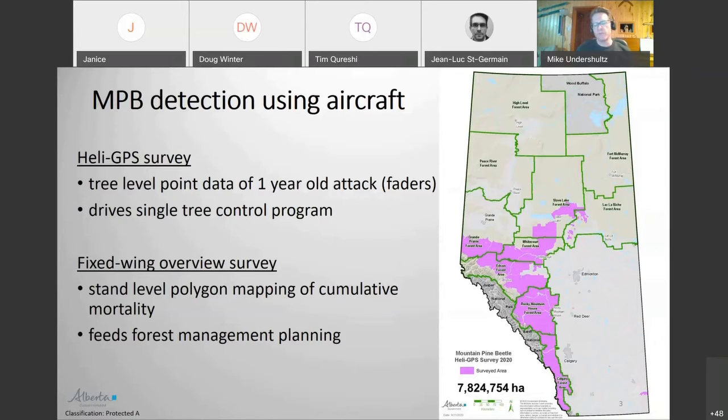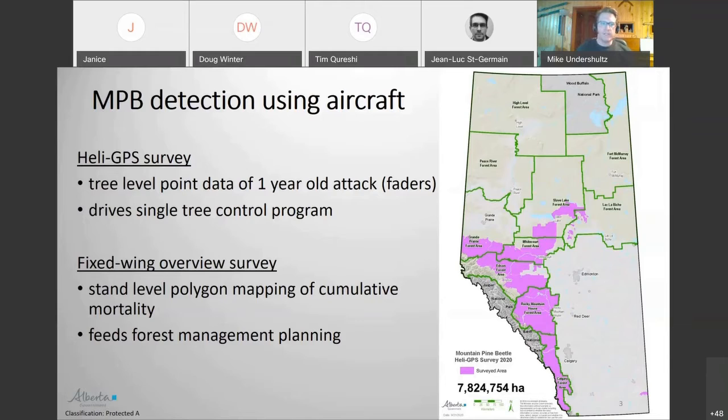The fixed wing overview survey is not used as much for mountain pine beetle for a couple of reasons. One is that if you see on our map here, that 7.8 million hectares is the heli GPS area that we mapped this past fall. So the majority of the mountain pine beetles, where it's actively killing trees, is within that area.